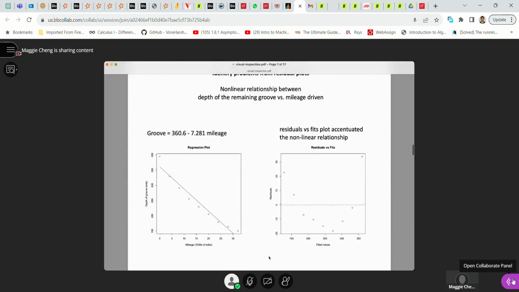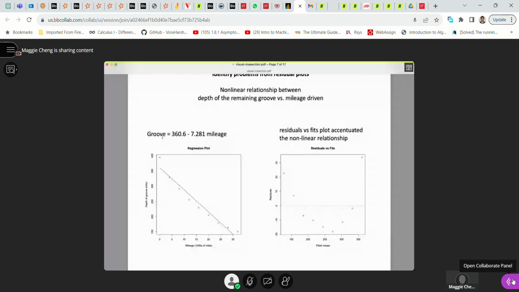So this is another example. This is basically the automobile tire, the depth of the groove versus the mileage. Certainly, the longer you drive, the shallower your groove, right? So you have a negative relationship. This is a regression plot. From the regression plot, most people probably feel it's okay.